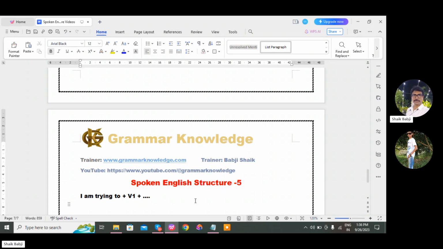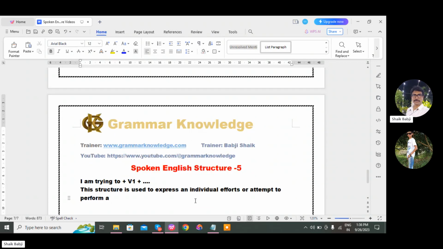Let's see the usage of this structure. This structure is used to express an individual's effort or attempt to perform a specific action.